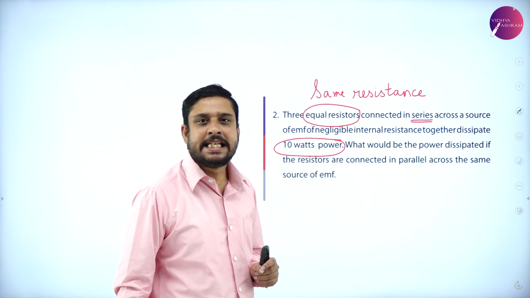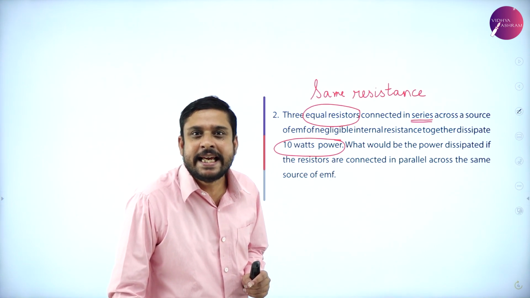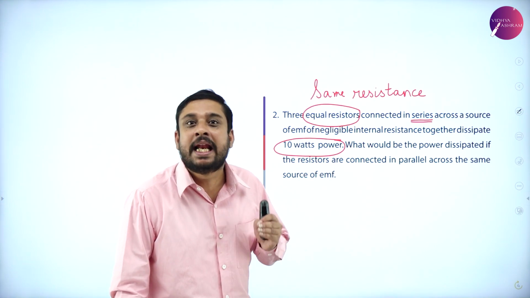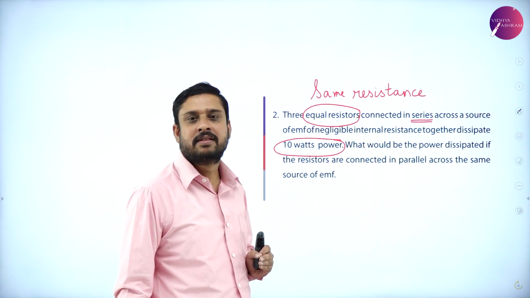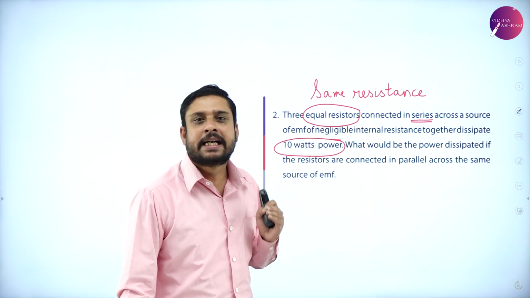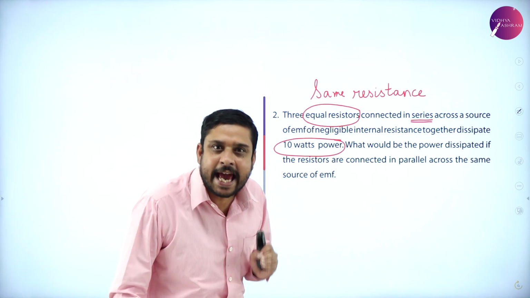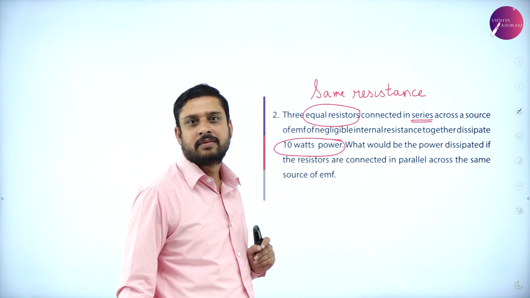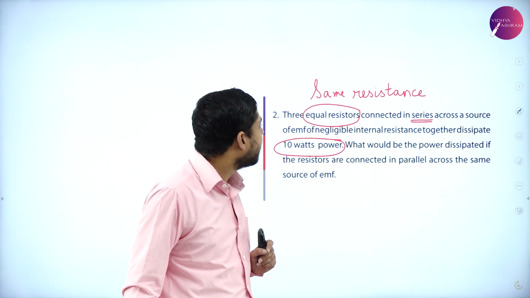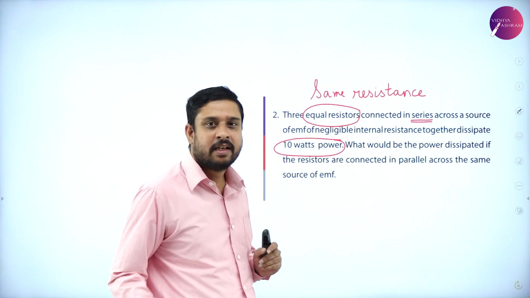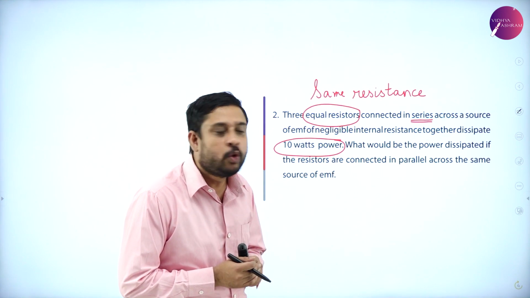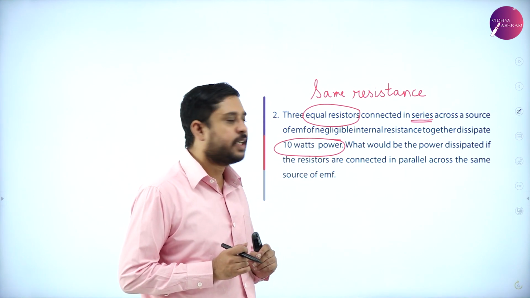So very clearly he says 3 equal resistors, 3 resistors which have the same resistance. When they are connected in series, they give out 10 watt power.